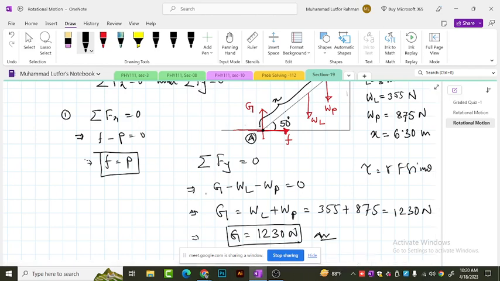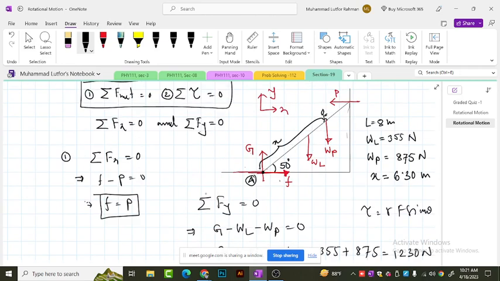That's why the r is 0 for F and also G. If r is 0, the torque would be 0 for these two forces F and G. But I will find the torque for this force, which is WL, because this is acting at a distance r over here, and I will also find the torque for this WP, that is acting at a distance x, and I will also find the torque for P, which is acting at a distance of the length of this ladder. I can find that one, right?